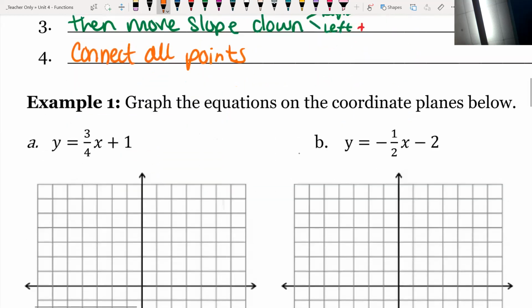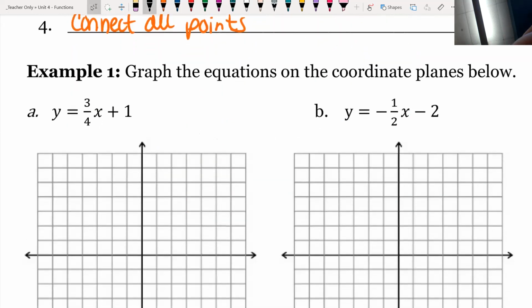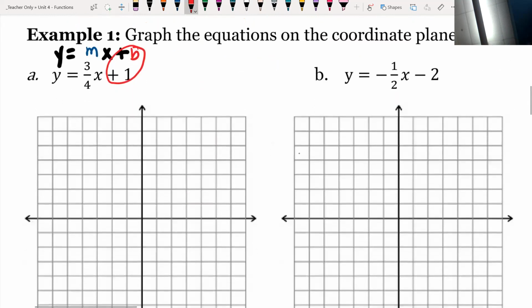It'll make a little more sense once we look at the first one. Remember our equation is y equals mx plus b, and b is our y-intercept. That's where we start. It crosses our y-axis at +1, so I'm going to put a point at +1.